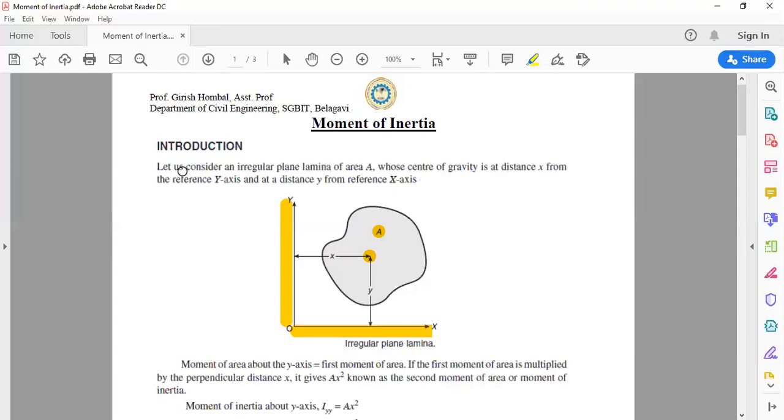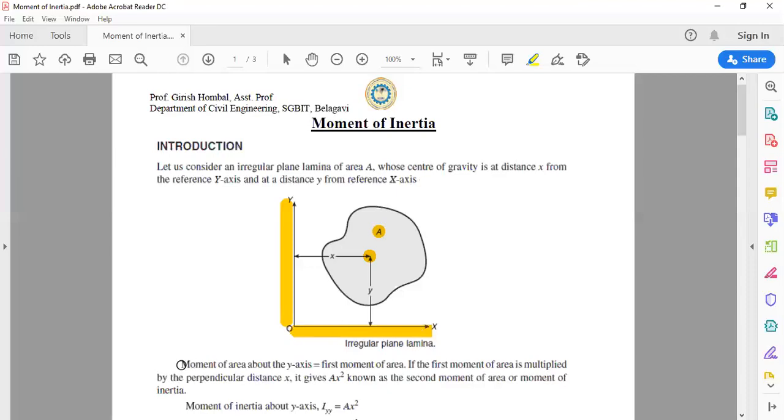So let us consider an irregular plane lamina of area A, whose center of gravity is at distance x from y-axis and at a distance y from x-axis. So that point which we have considered is nothing but the center of gravity of that irregular lamina. Now, as I told you, moment of inertia we can calculate about two axes, that is about x-axis and about y-axis.